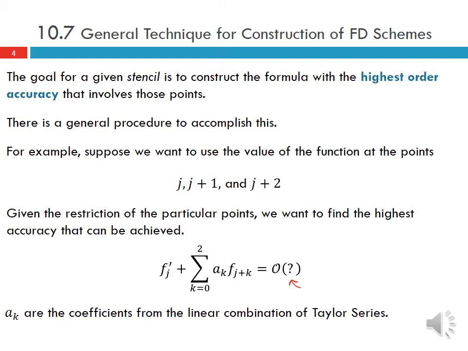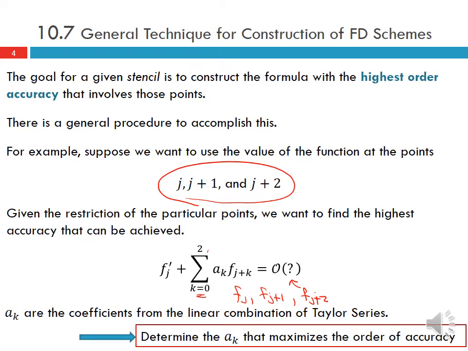And you can see if we evaluate this k going from 0 to 2, then we get our points fj, fj plus 1, and fj plus 2, which is the stencil that we're interested in. And we want to determine these coefficients, ak, that maximize the order of accuracy or minimize the error.